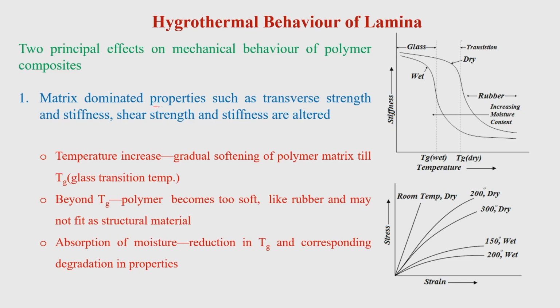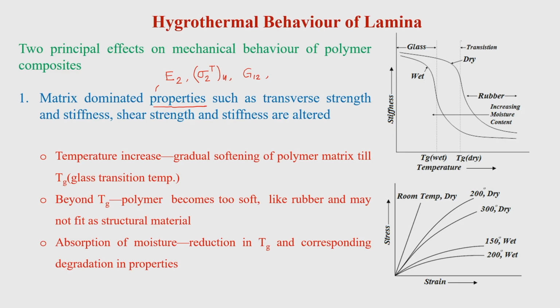Like we have discussed already, say the transverse stiffness, then transverse tensile stress, then shear stiffness or shear strength. So, these matrix dominated properties are significantly affected by the change in temperature and moisture content.